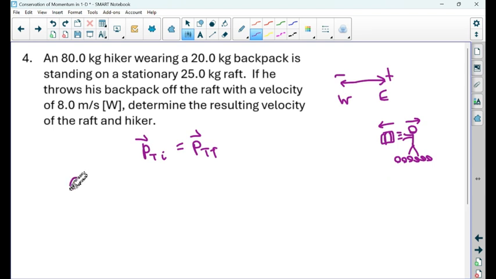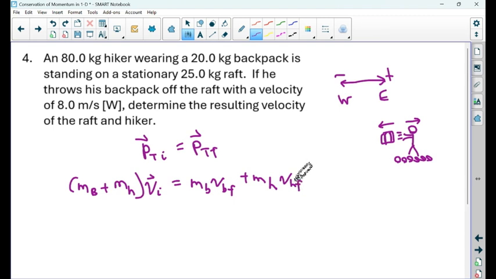They're together to start, which means I can write mass of the backpack plus mass of the hiker and raft together, and their initial velocity, because they're traveling together as one to start. And then they're separated. So we've got the mass of our backpack and the velocity of our backpack final plus the mass of our hiker and the velocity of our hiker final.